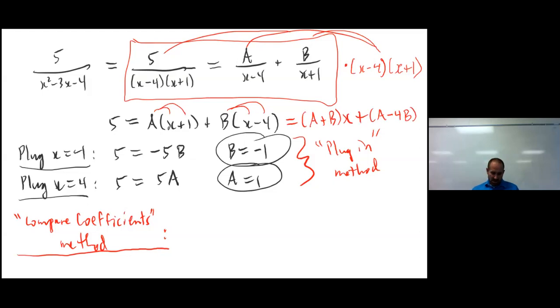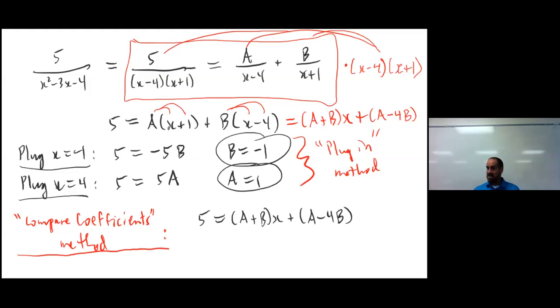Okay. So in other words, I know that 5 has to be equal to a plus b times x plus a minus 4b. That's interesting because there's not an x on the left-hand side.